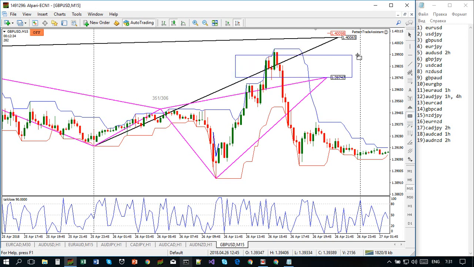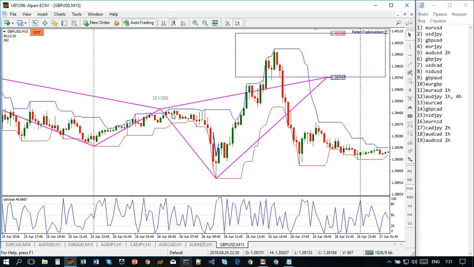Okay, here is the range between the completion and an invalidation, like this. So this pattern didn't complete, so I can delete it. Okay, this is the Cipher pattern. So this is the range from this to this. Price entered this range here, like this.